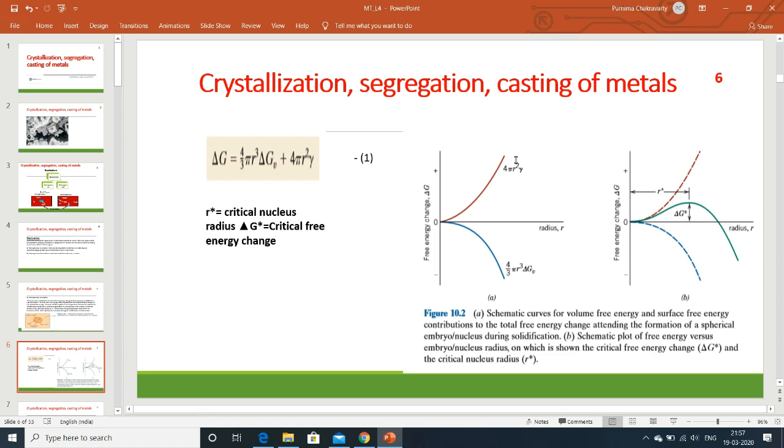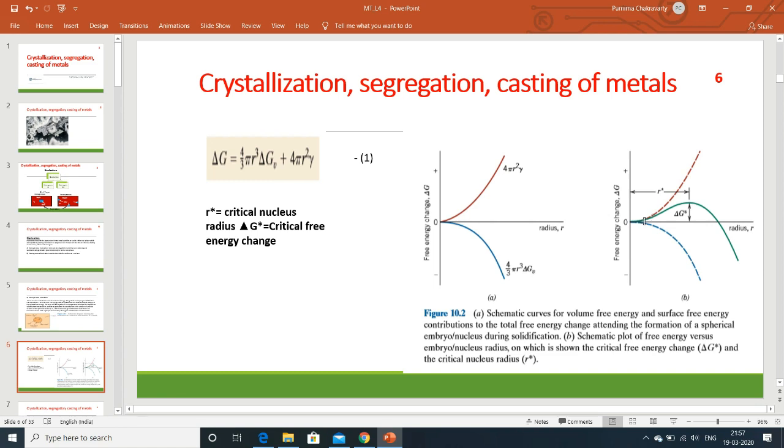Now let's see how the total free energy varies with the radius. Here in the second picture, you can see this green line is your total free energy, and both the free energies for volume and surface are also plotted here.